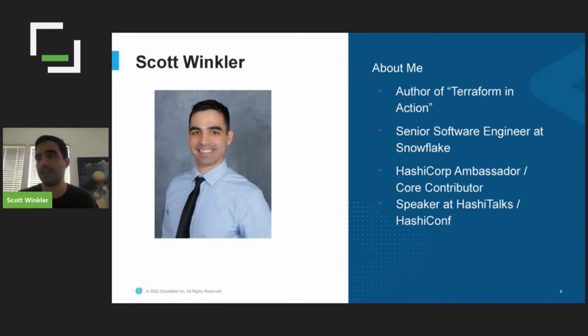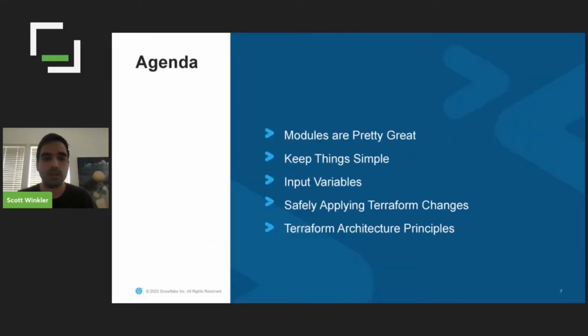And I can't exactly say that these are all what is best practice, but this is from my experience what I would recommend. So the agenda today, I think we'll start by talking about modules, and how they're useful in Terraform for structuring and organizing code, and different pitfalls that might arise from that.